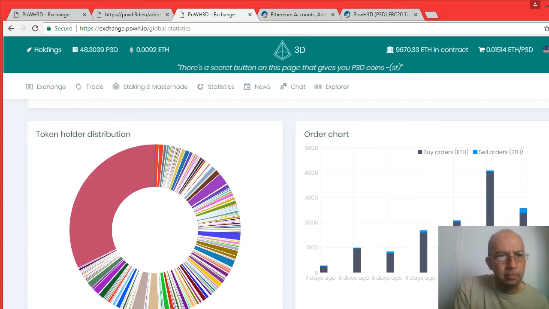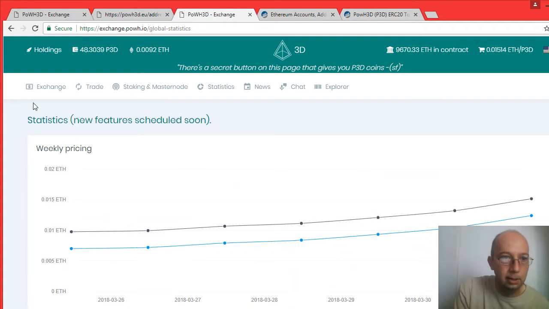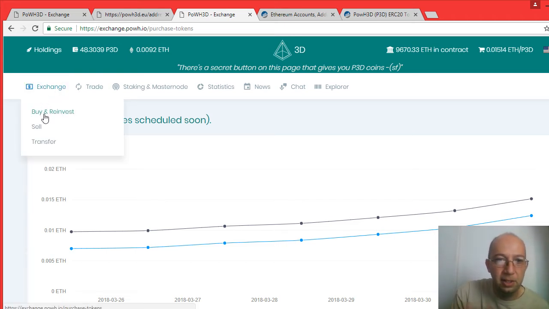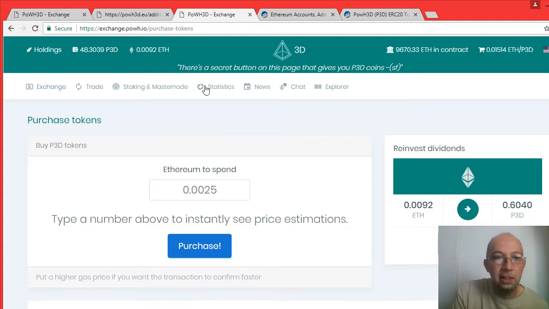But let's cover a couple more simple things. The exchange. Another thing you're going to notice on this site, it's not that important, but you have to click refresh a lot. Remember, the numbers are not on this site.